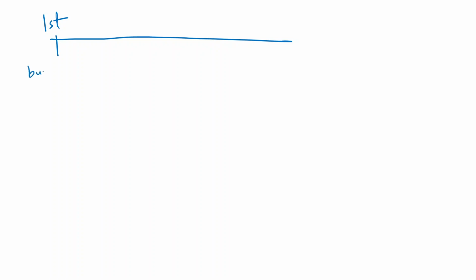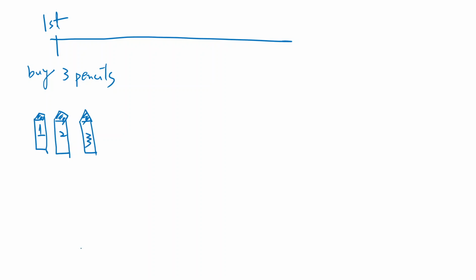You buy, for example, 3 pencils. So you have 3 pencils. This is number 1. You have second pencil. This is number 2. You have third pencil. This is number 3.